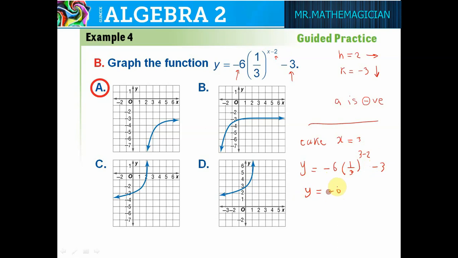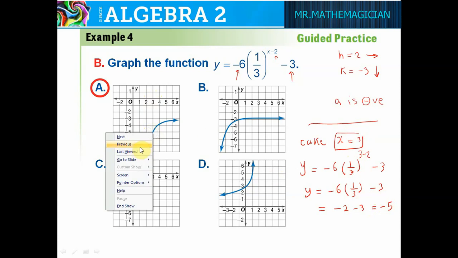So y equals negative 6 multiplied by one third to the power of 3 minus 2, which is 1, so minus 3. Negative 6 times one third will give you negative 2, minus 3, this will be negative 5. So if x equals 3, you need to go down to negative 5. And really from 3 to negative 5 is here. So the right choice is A.